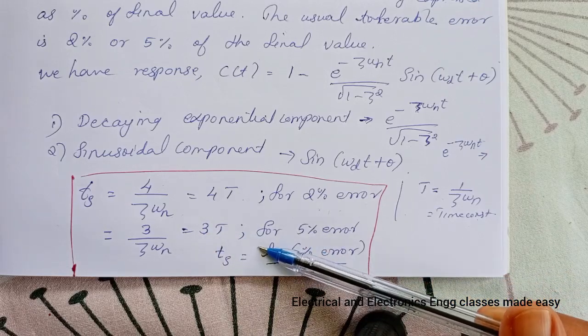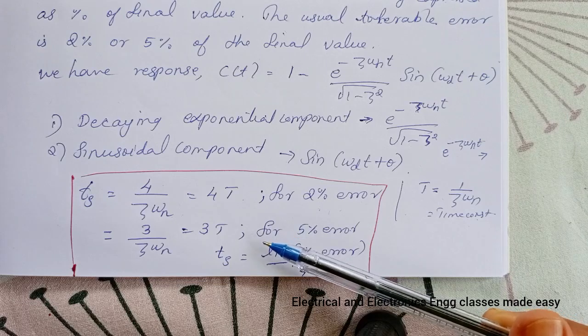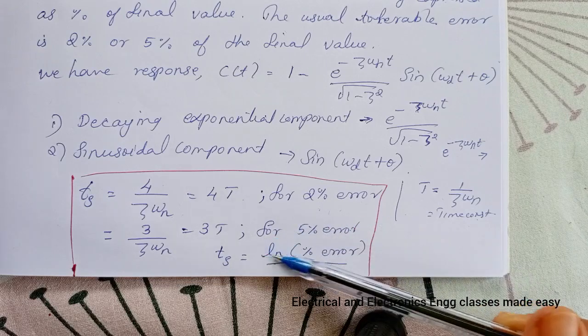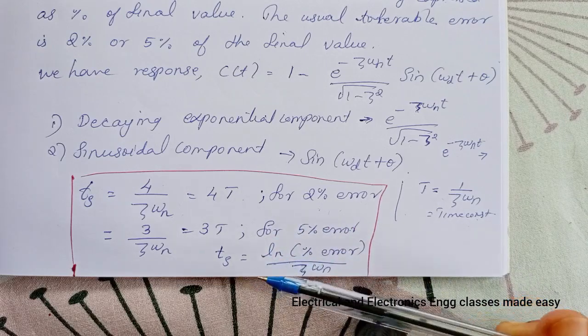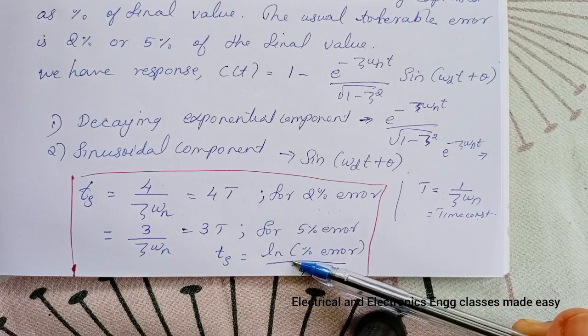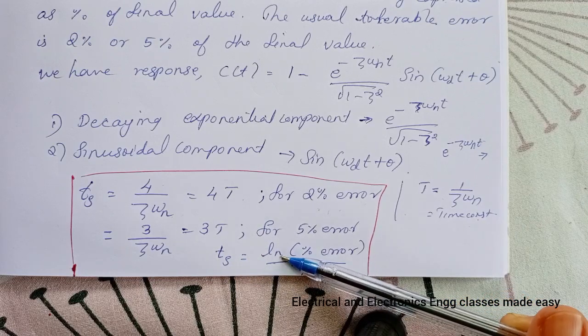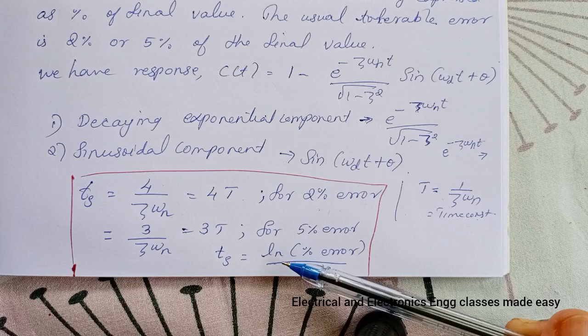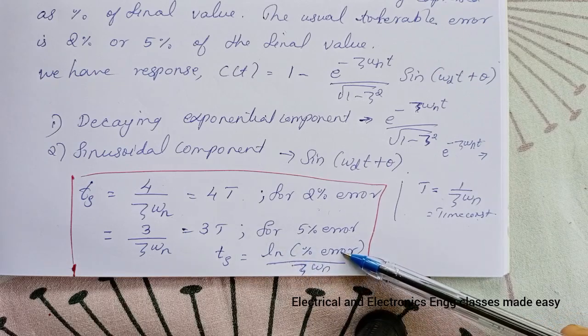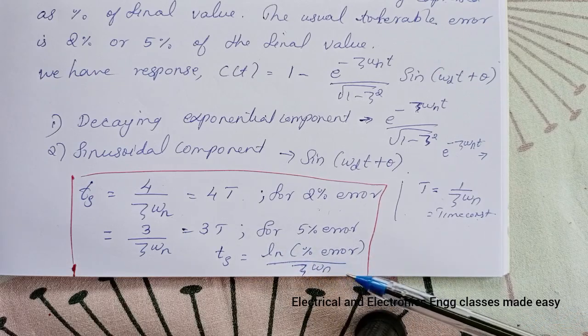Or in general, for a specified percentage error, we can write the settling time Ts is equal to minus Ln, the natural logarithm of the percentage error, divided by zeta omega n.